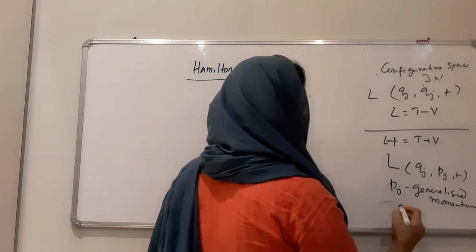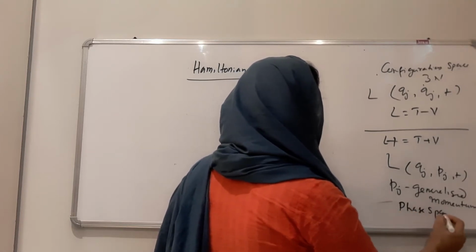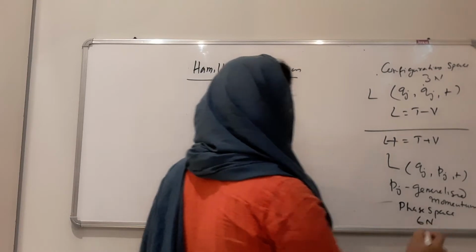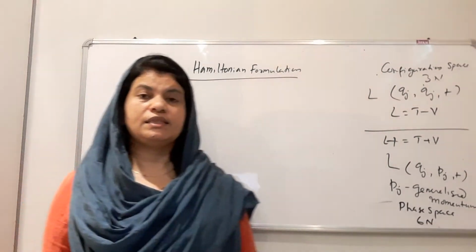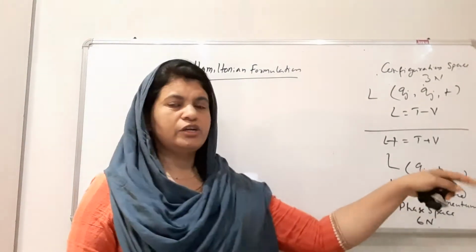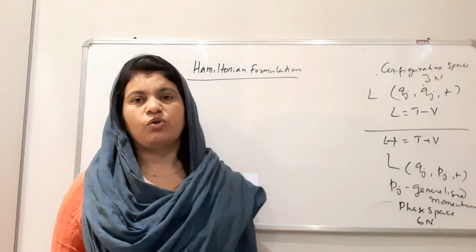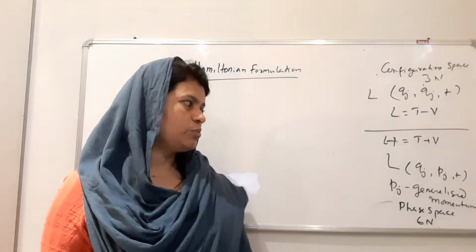Phase space is a 6n dimensional space, with 3n position coordinates and 3n momentum coordinates. pj is called the generalized momentum or conjugate momentum.